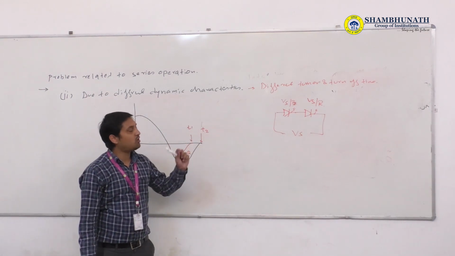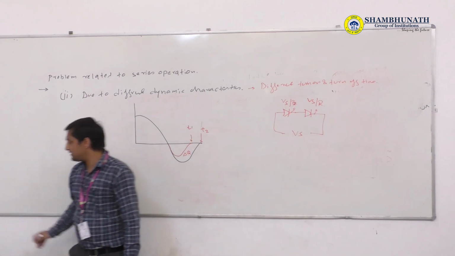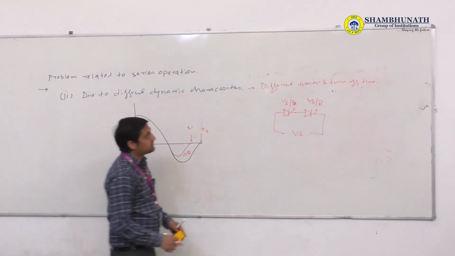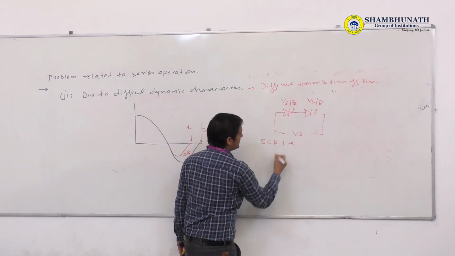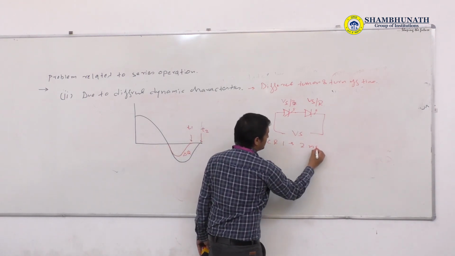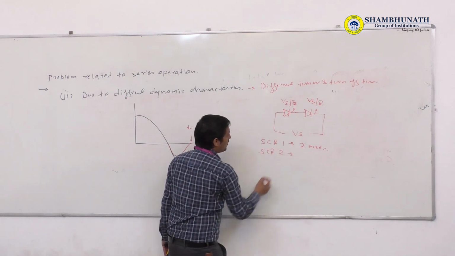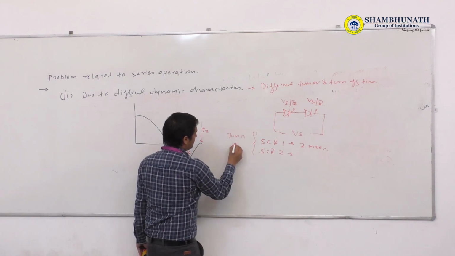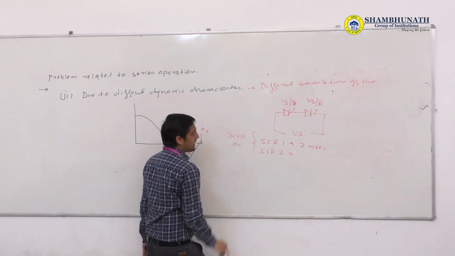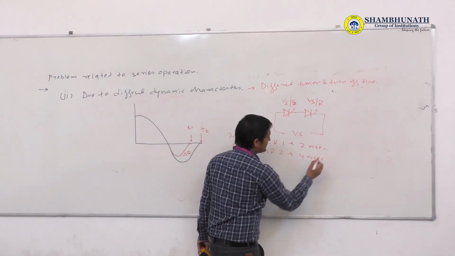Now, if the turn on time of one SCR is higher than the second, suppose the turn on time of SCR1 is 2 milliseconds and the turn on time of SCR2 is 4 milliseconds.